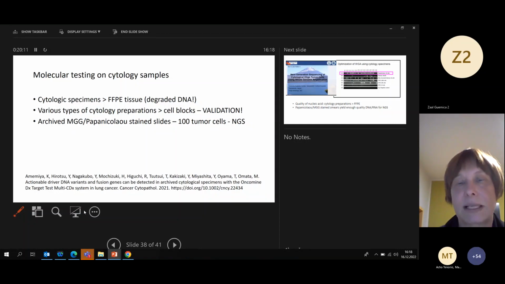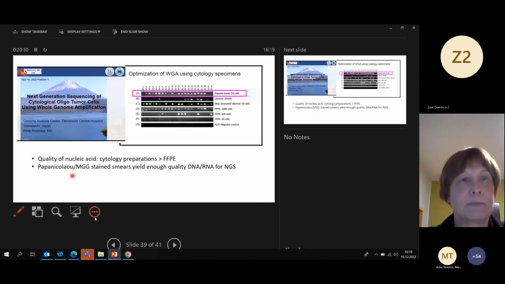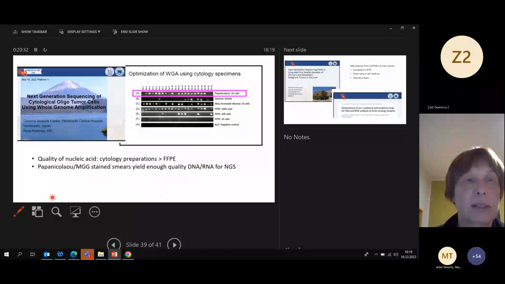But it is of course, again, necessary to validate and adjust procedures. Even more, archived MGG and Papanicolaou stained slides having at least 100 tumor cells are suitable for NGS. Here are reports.